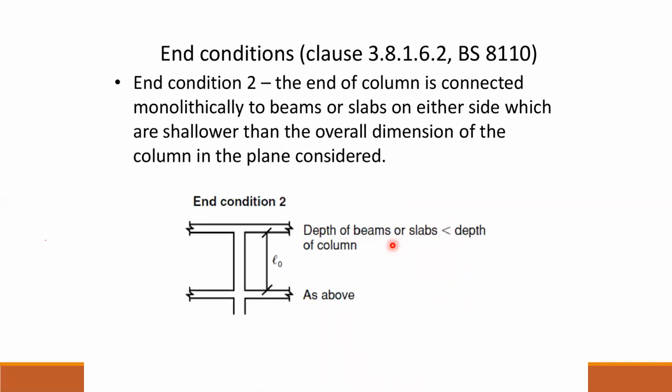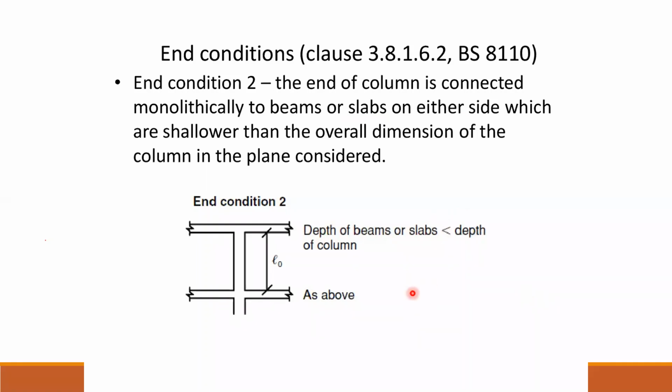The second one is end condition 2. The column is connected monolithically to the beams or the slab on either side, which are shallower than the overall dimension of the column in the plane. So you can see the depth of the beams or the slab is less than the depth of the column.